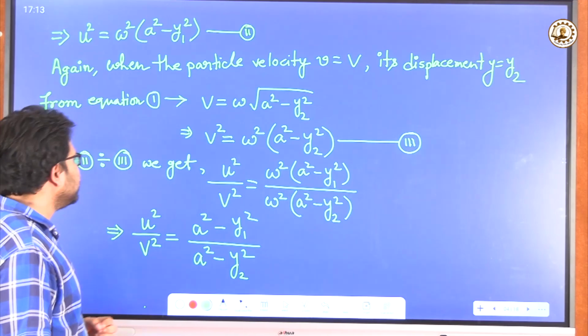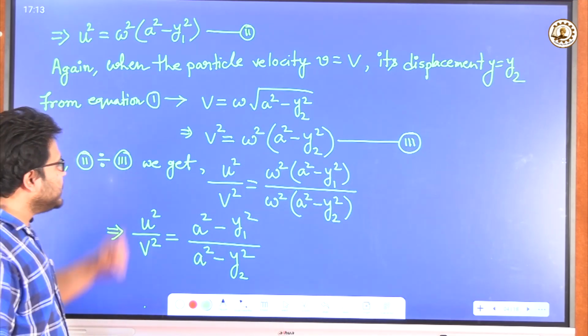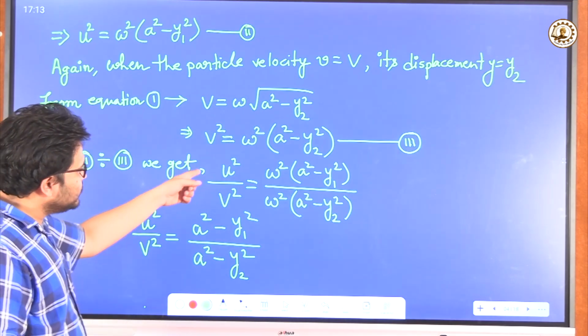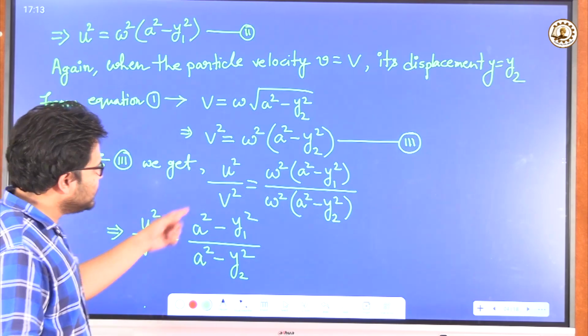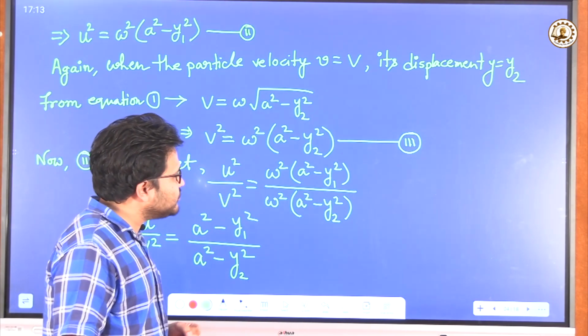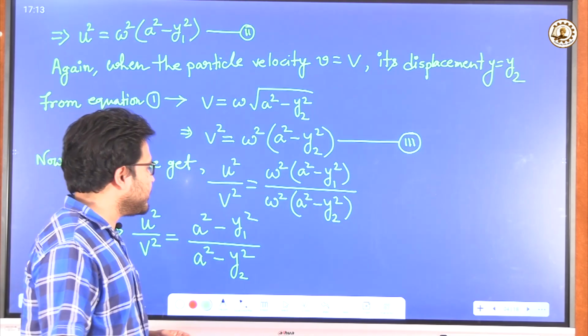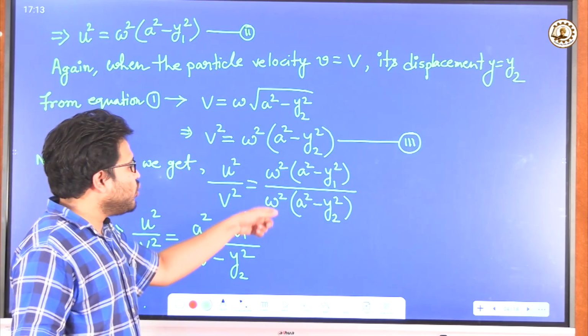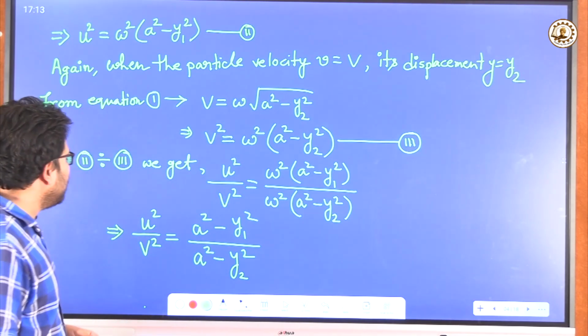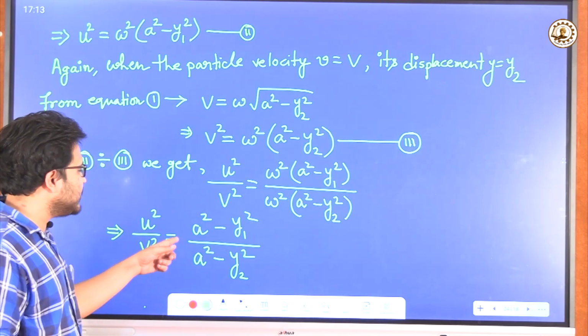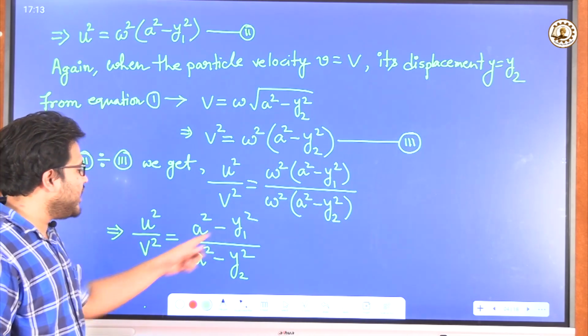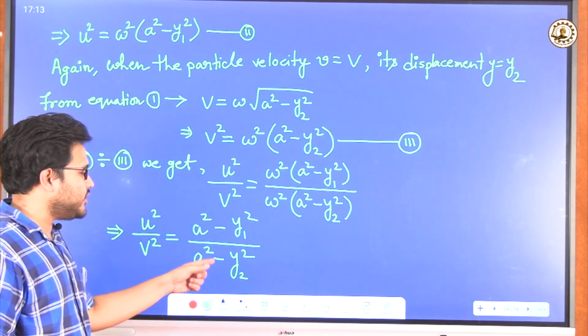Now if we divide equation 2 by equation 3, we get u square by v square equals omega square (a square minus y1 square) divided by omega square (a square minus y2 square). Omega square cancels out, so u square by v square equals (a square minus y1 square) by (a square minus y2 square).